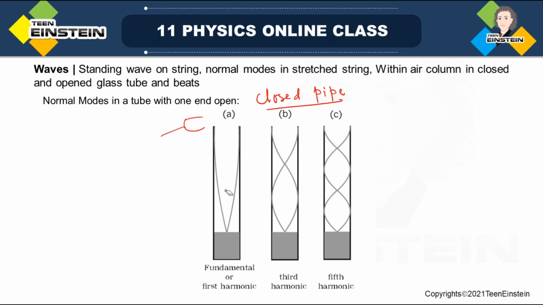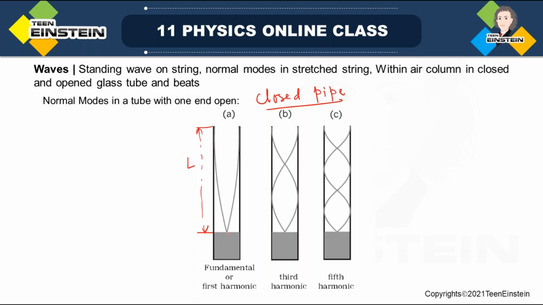But suppose we have a fixed length of the air column from here to here. Suppose the length of the air column is some L, and the air column is vibrated to produce some frequencies.